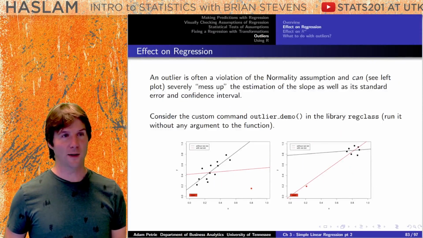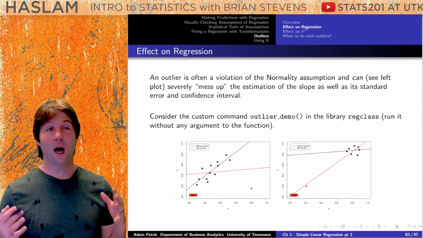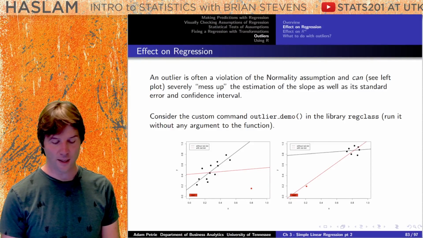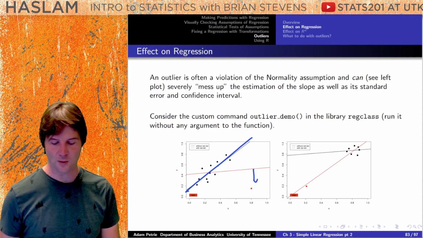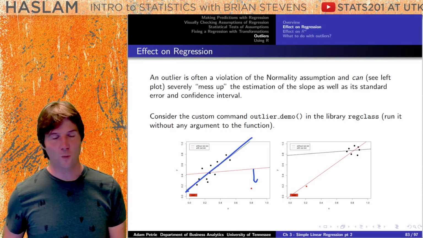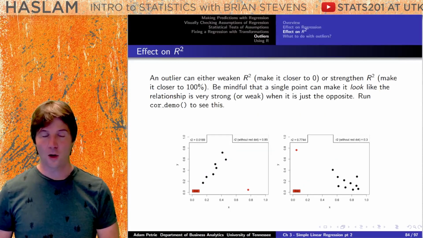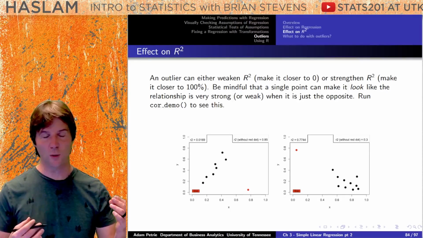So when we have an outlier, it's far away from the model, and it influences the model more than the other points would normally do. Notice how the line right here shifts drastically due to the influence of the outlier; the line is pulled towards it. So we don't want these points overly influencing our model. Also, when we look at the value of r squared, remember r squared can be calculated by correlation squared.